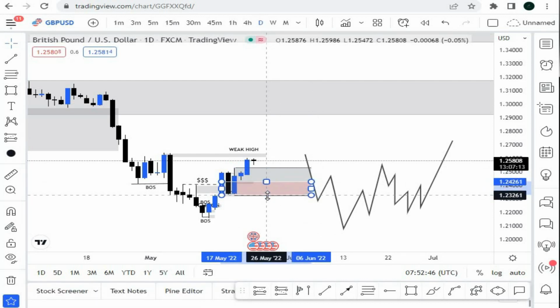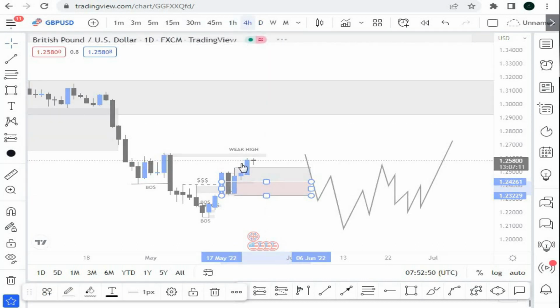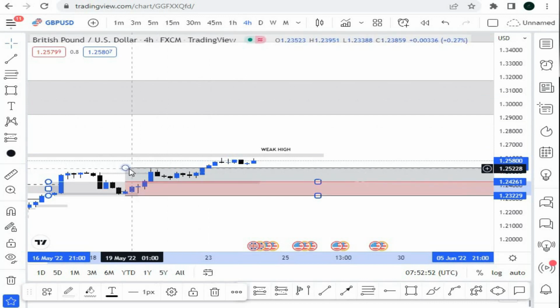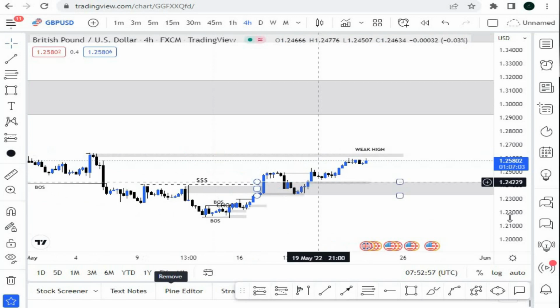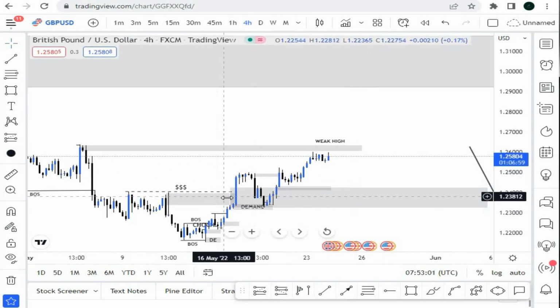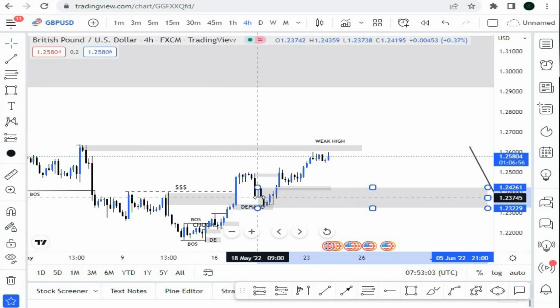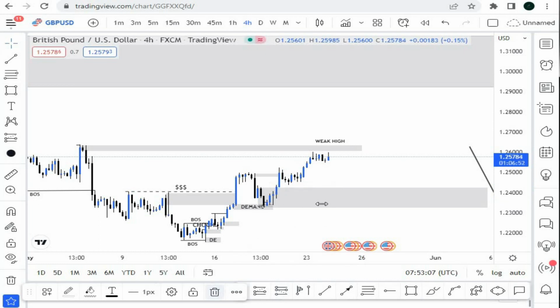Then you can also delete this premium and discount zone. You can now see that this will be the zone you have to target now. So let me delete this.